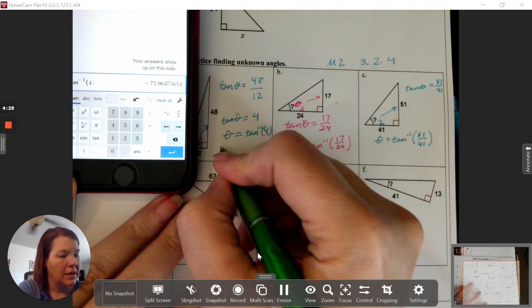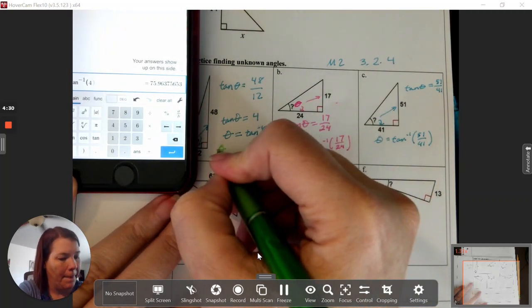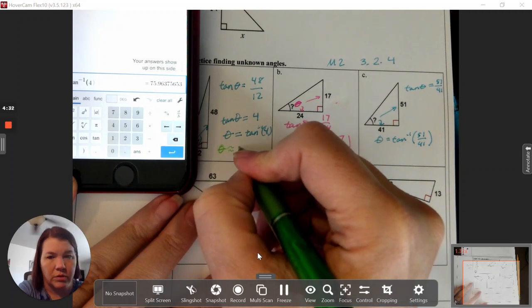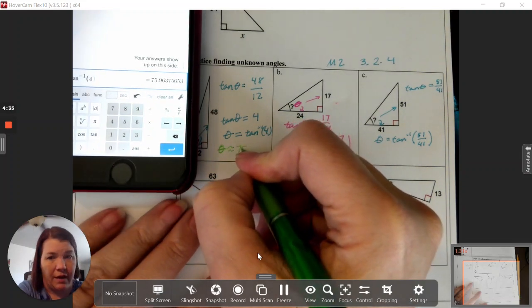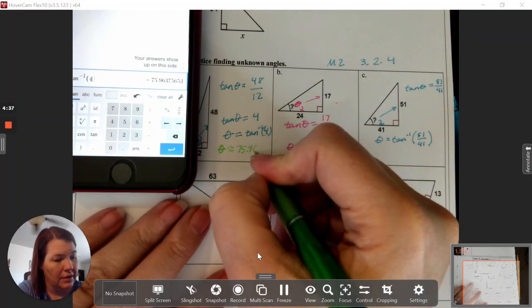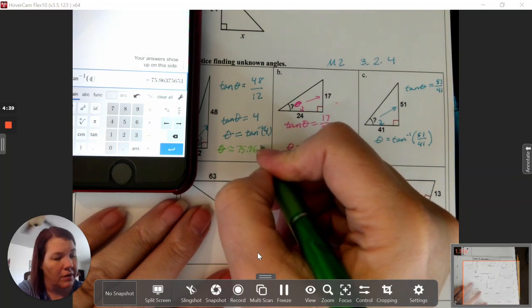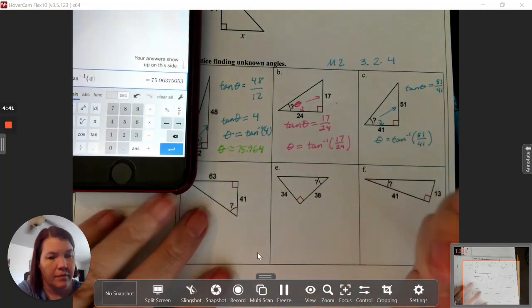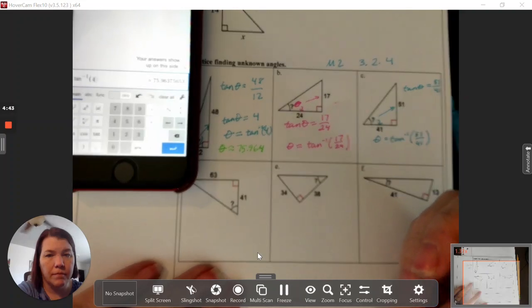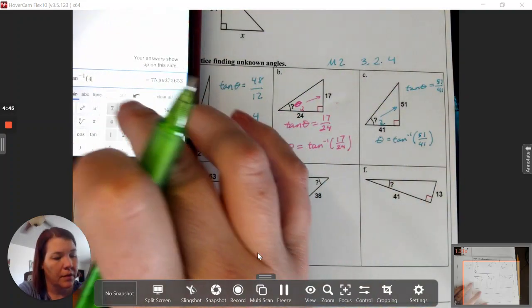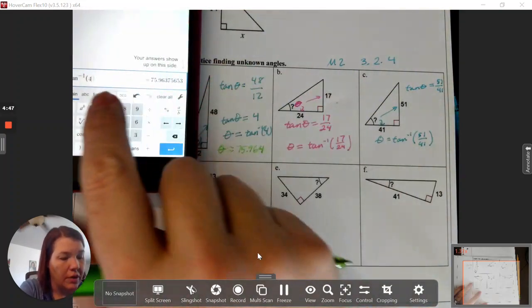So I got theta is approximately equal to 75.9637. What's cool is I can continue with that.